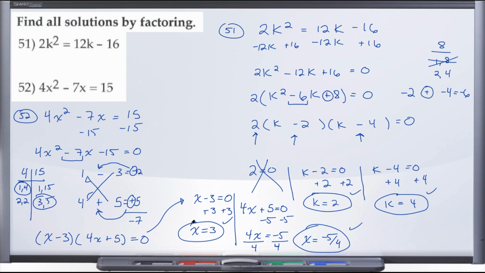So when you plug in 3 for x, the left side of the equation should evaluate to 15. When you plug in -5/4, the left side should also evaluate to 15, because the equation equals 15. Here, in number 51, when you plug in 2, the left side and the right side should both equal each other. Same thing when you plug in 4, right? So that's a way that on a test you can check yourself.